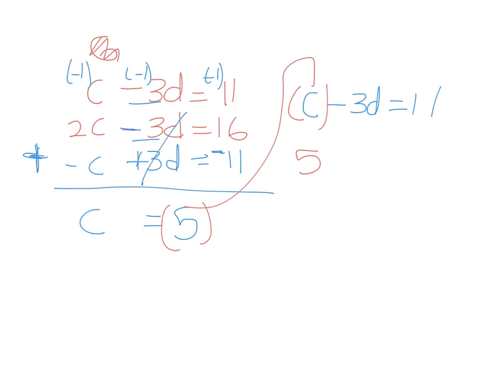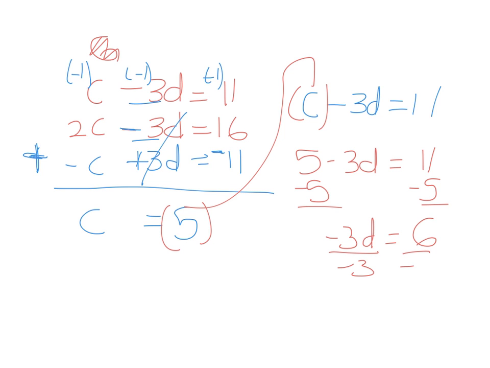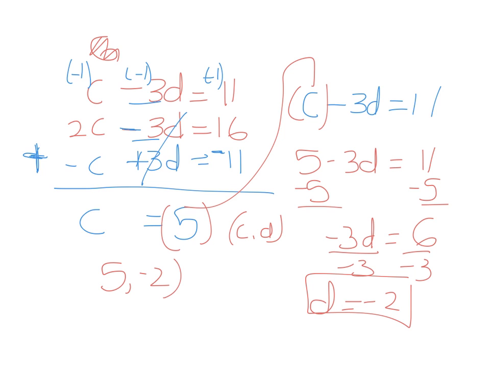Substitute it in. 5 minus 3d equals 11. Subtract 5. Negative 3d equals 6. Divide by negative 3. D equals negative 2. My ordered pair has got to be a C first and then a D, always alphabetical order. 5, negative 2.